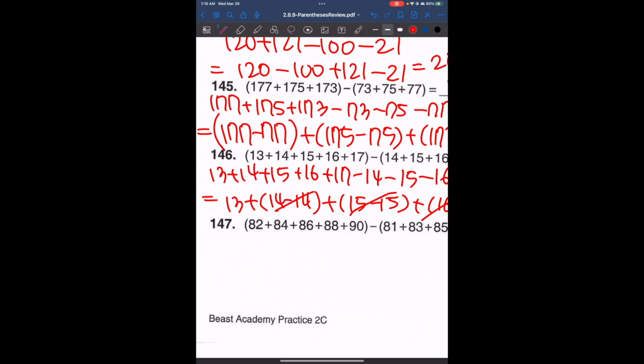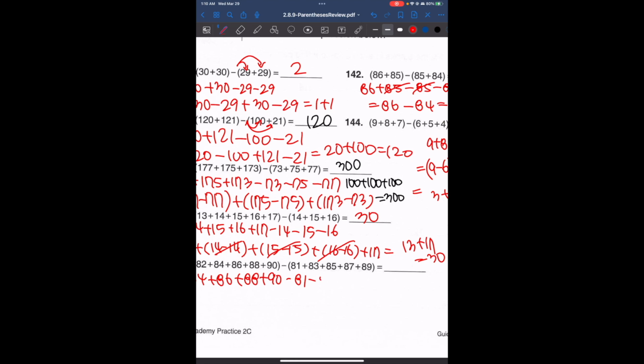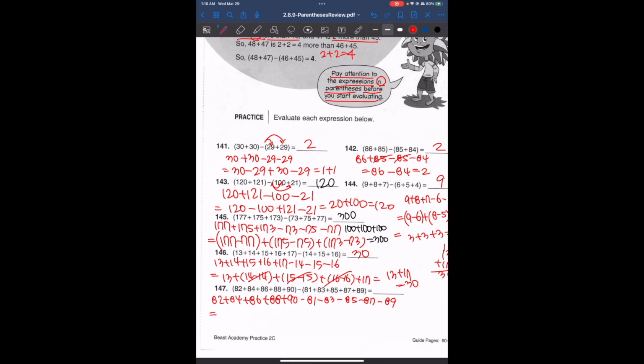Now, this is our last problem of the video. We're going to distribute our negative sign. So minus 81, minus 83, minus 85, minus 87, minus 89. And again, we're going to group similar looking numbers together.